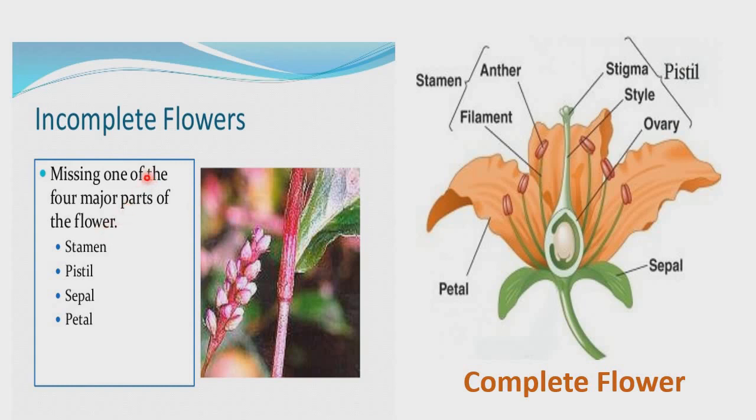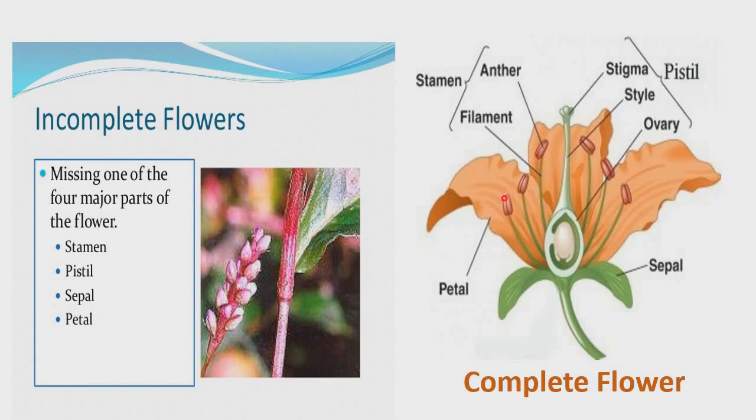Here, if any of these is missing, we have the stamen, which is the male androecium, we have the pistil, which is the gynoecium, we have the sepal, we have the petal. If any of them is missing, we say that that particular flower is incomplete.